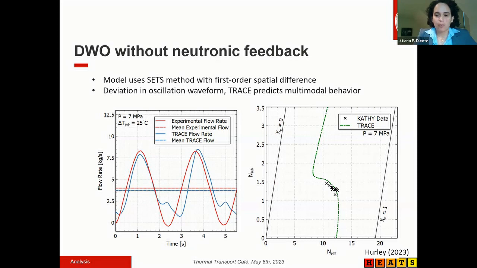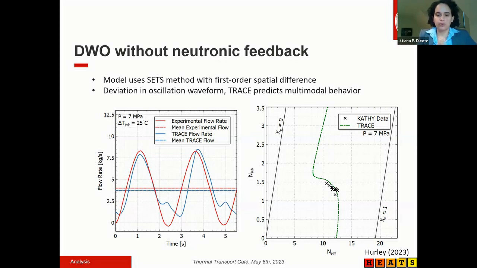When we compare now the instability boundary that TRACE predicts with the data, it is remarkably good. So now we are simulating the liquid and vapor phase conservation equations, and it's not as simplified as the drift flux model.